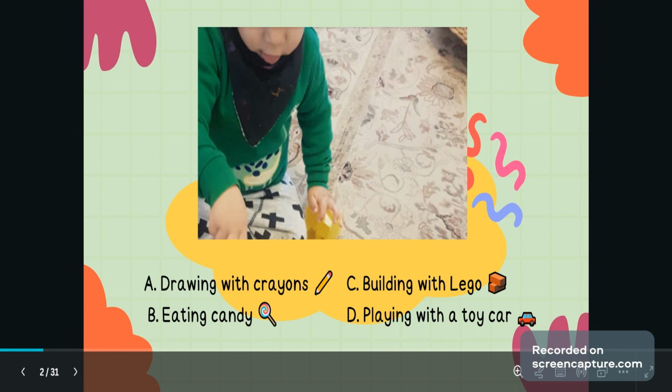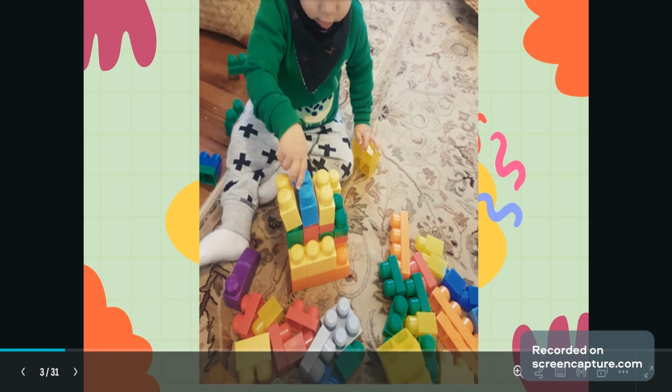All right, let's see. The correct answer is building with Lego. That's letter C. Some of you might have guessed the wrong answer, but it's okay. We'll talk more about that later.